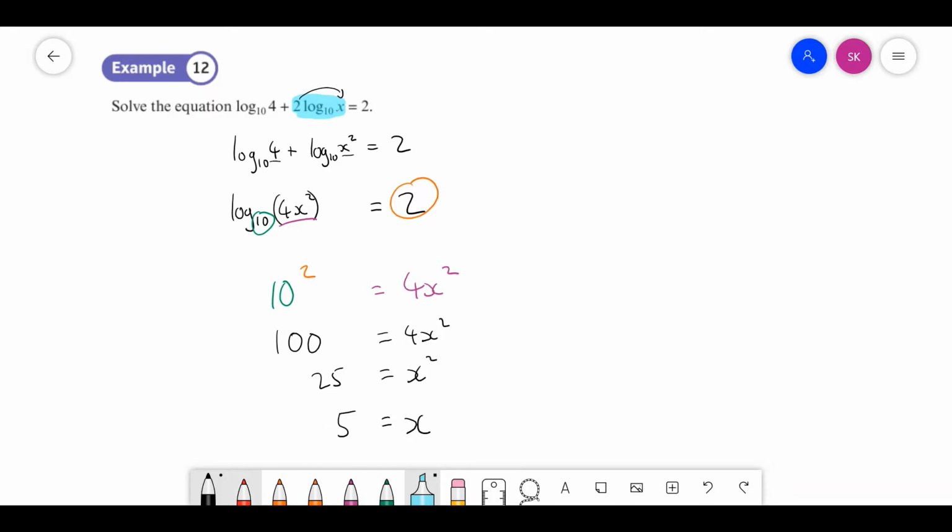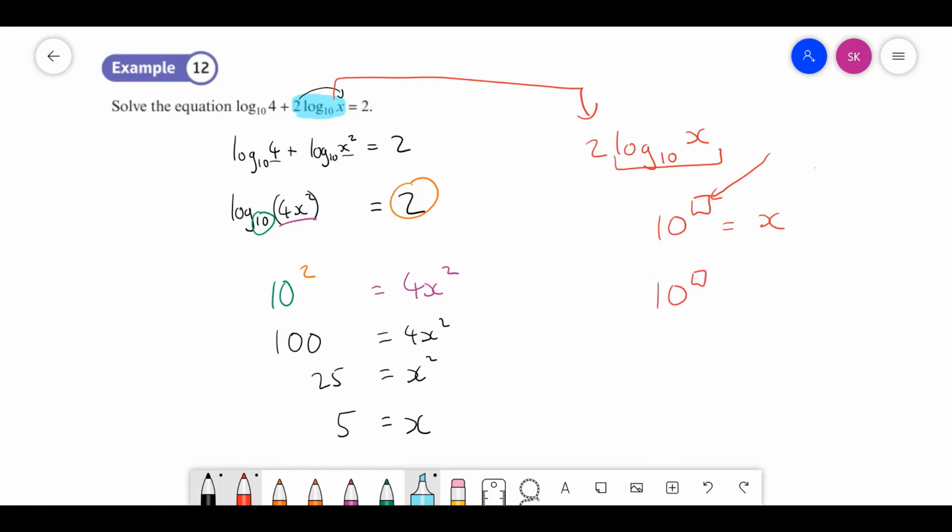So if we take the original question's logarithm and look at this part, it's saying 10 to the power of something equals x. Obviously, we don't know what that something is, but it doesn't matter if it's negative or positive. 10 to the power of anything will always be greater than 0.